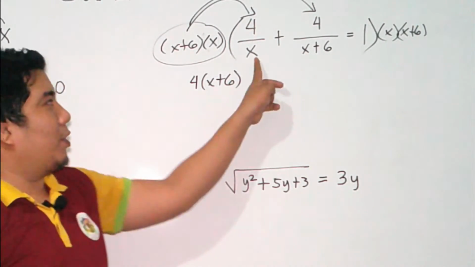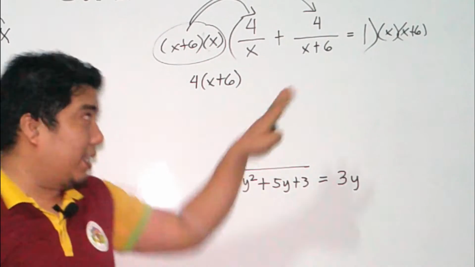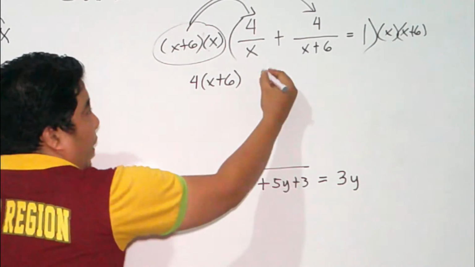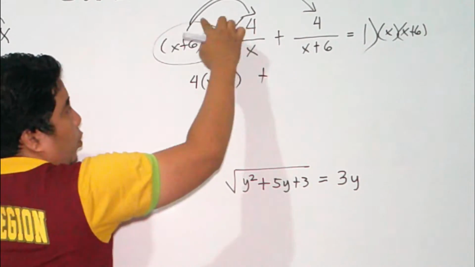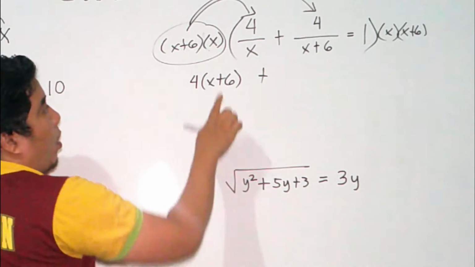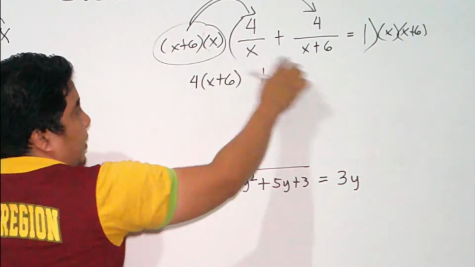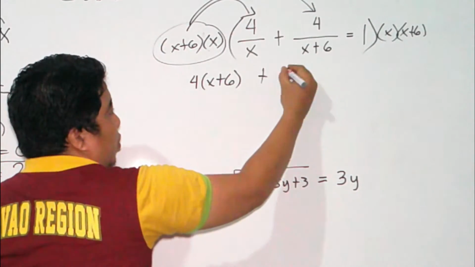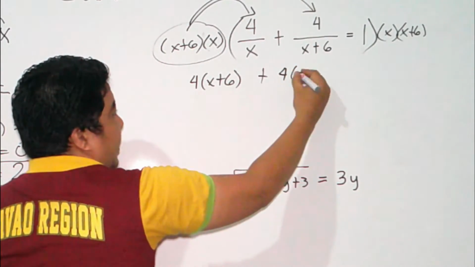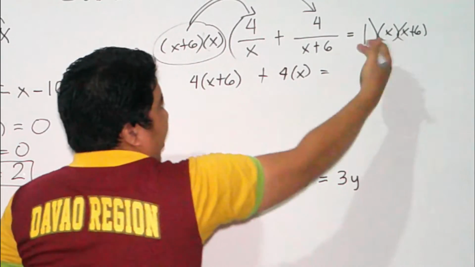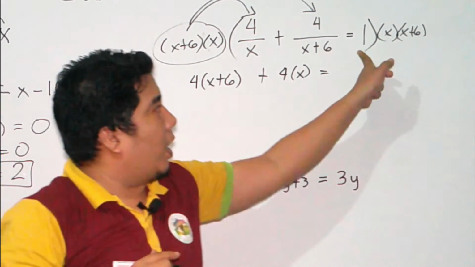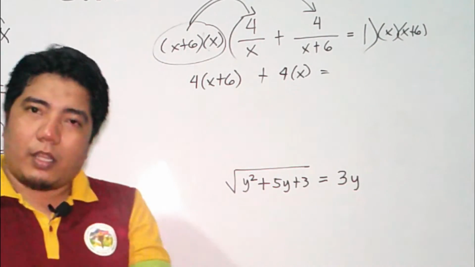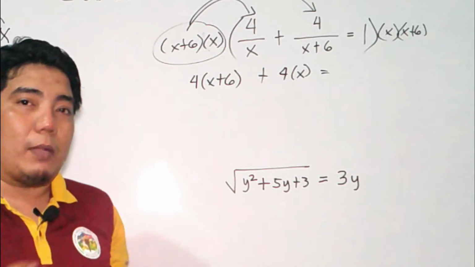Okay. So you don't have any more x in the denominator. While here, since these are the two to be multiplied, they are the same, x plus 6. You can cancel them, leaving you x and 4. So you just multiply 4 times x. And while here, since that is 1, you just multiply the two multiplicands with each other.